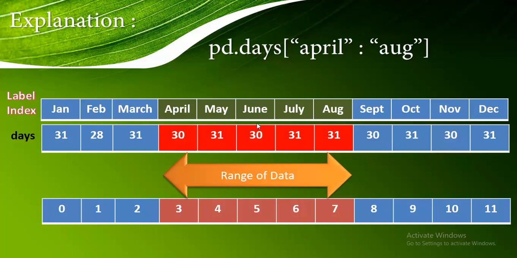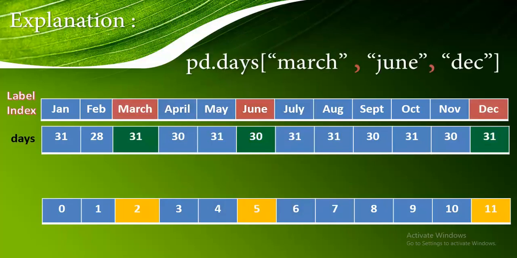This is the range of data items it will display. Similarly, in label index you can also access individual items like pd.days, March, June, December.